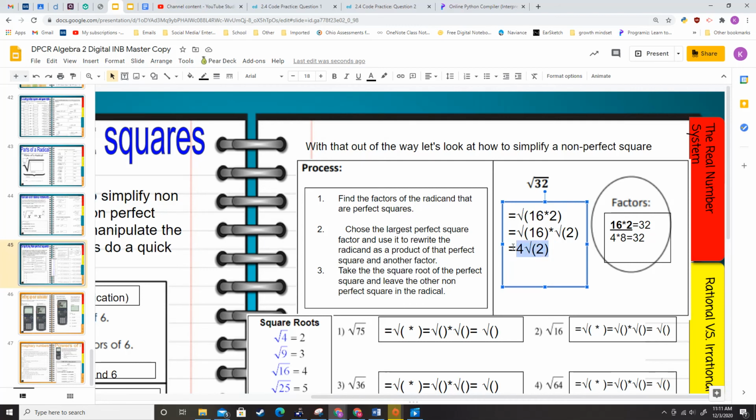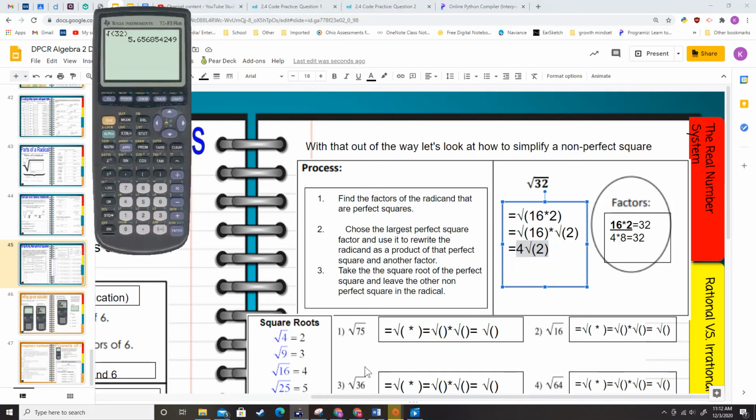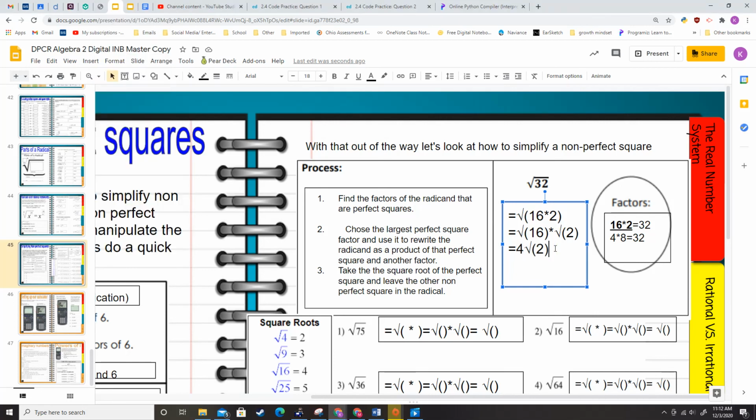Now, this is going to come into play when we deal with some operations with radicals in the next part of the unit. So, we're going to practice a little bit of this. But before we go, let's just make sure we check. 4, and then we're going to write the square root of 2. Since both of these are next to each other like this, it means that they're both being multiplied by each other. So this gives us the same exact decimal that we have here. That means that this is our final answer.